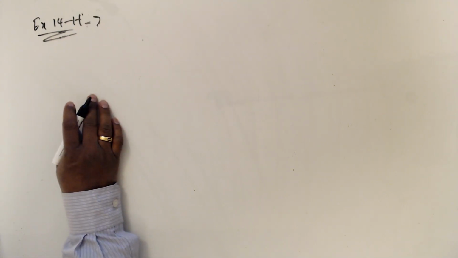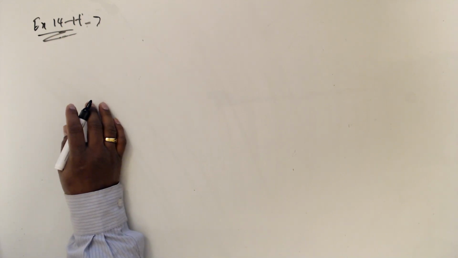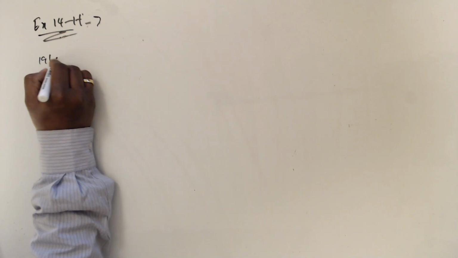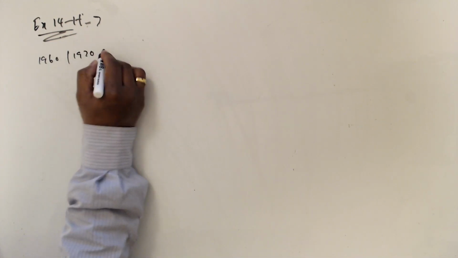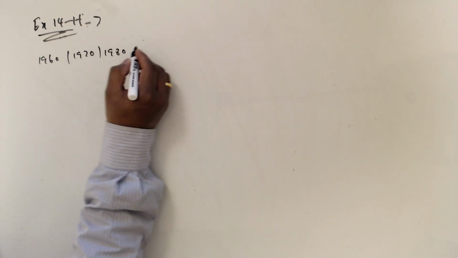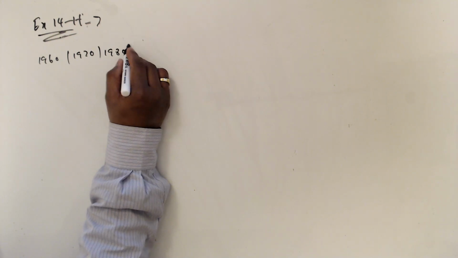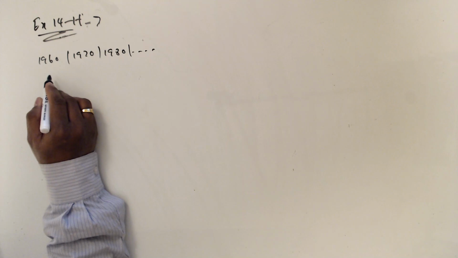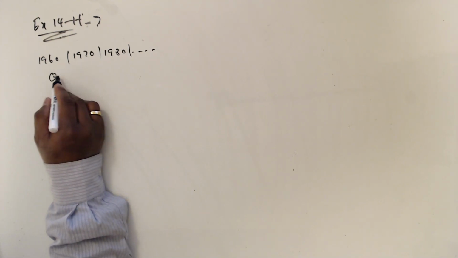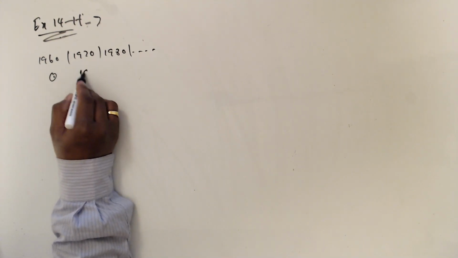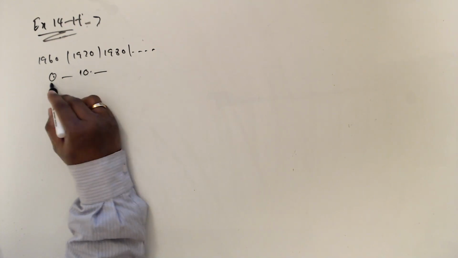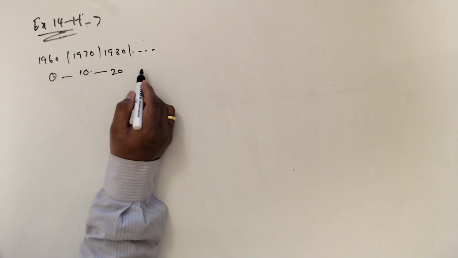Question number 7. So 160, 170, 180, like that. So they take 160 as 0. Then say this is a 10 difference, and this is from 60 to 20.